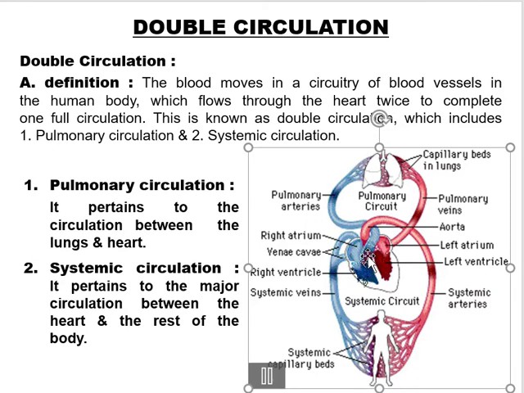The other pertains to the major circulation between the heart and the rest of the body, which is known as systemic circulation. In systemic circulation, you can see over here the oxygenated blood from the left ventricle is carried through the aorta to the different parts of the body.